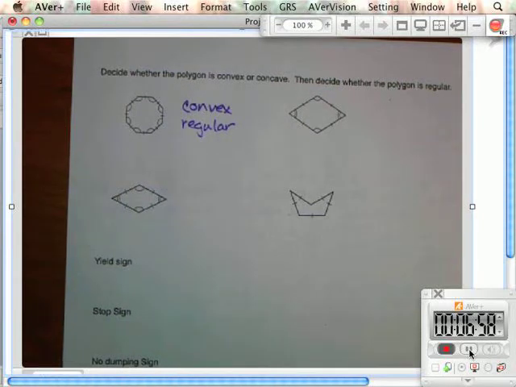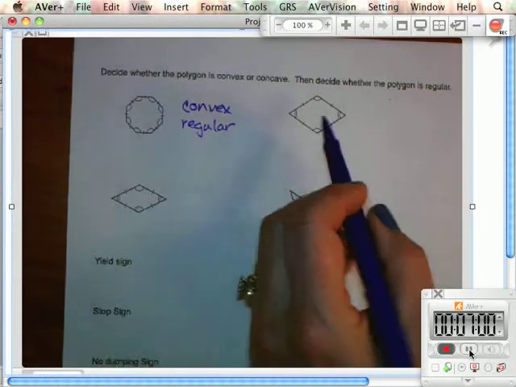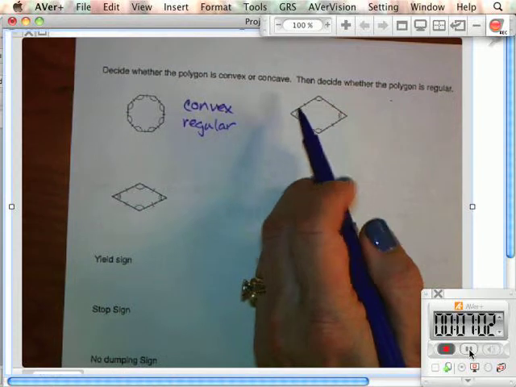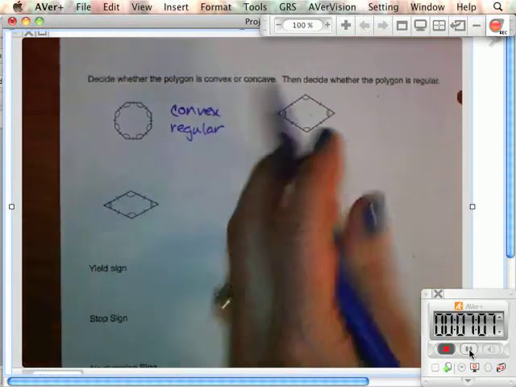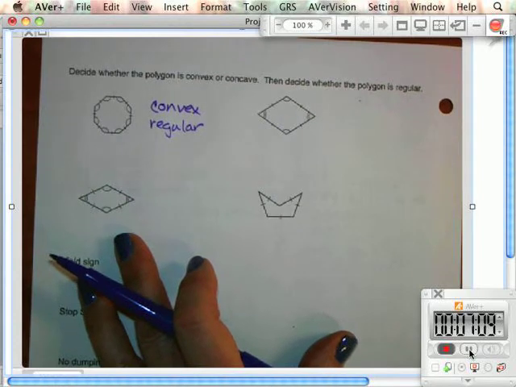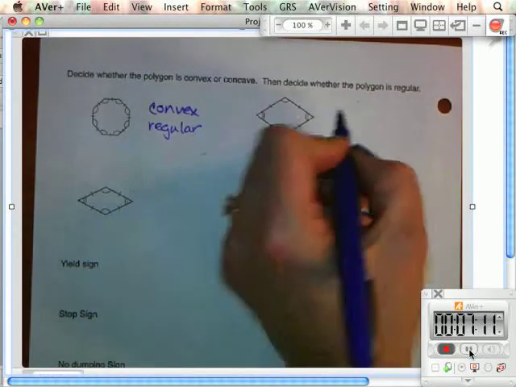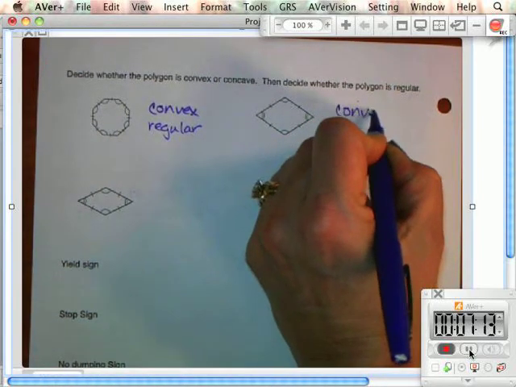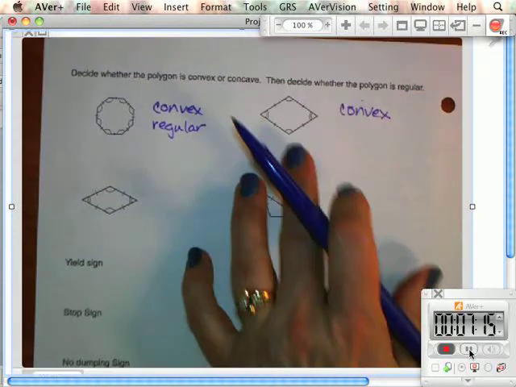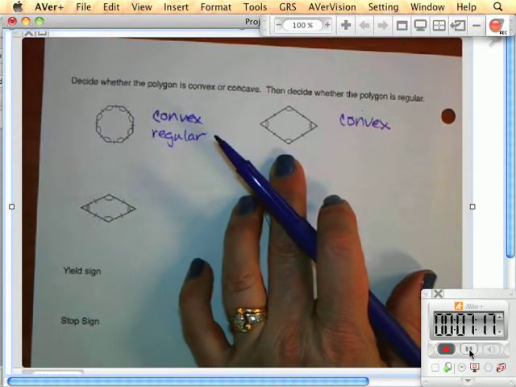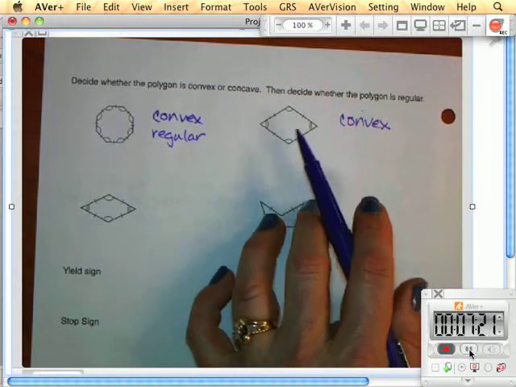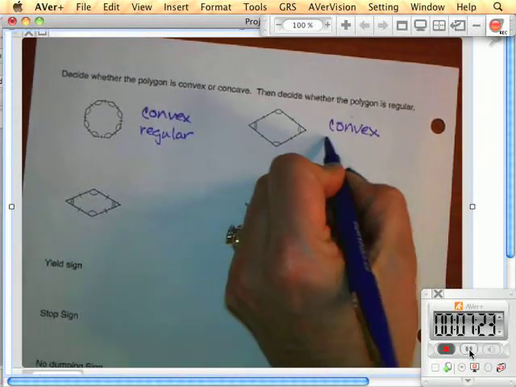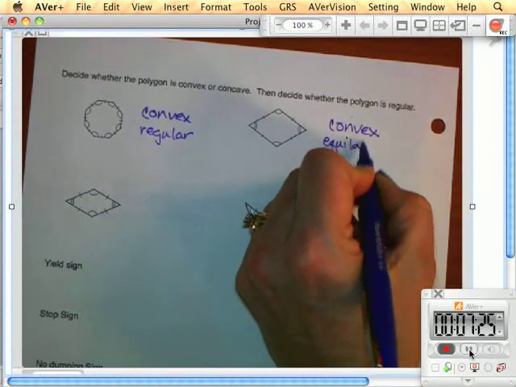Okay. All right. How about this one? Justin T., is this convex or concave? Oh, I know this one. It is convex. And Evan, is it a regular polygon? Be careful. Look closer. It's equilateral, right? It's equilateral. I want you to write this down. But is it equiangular?